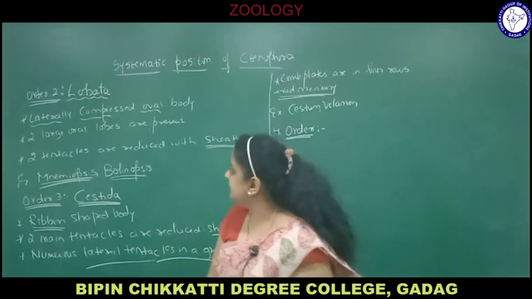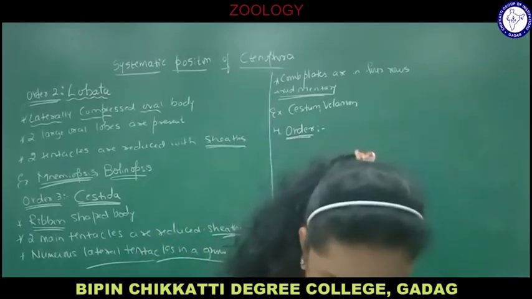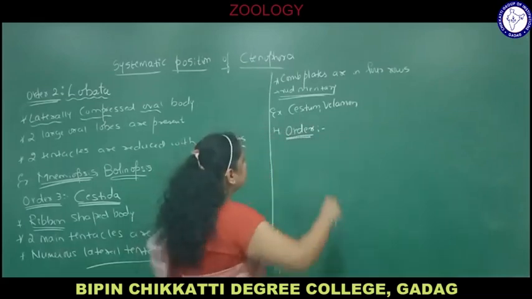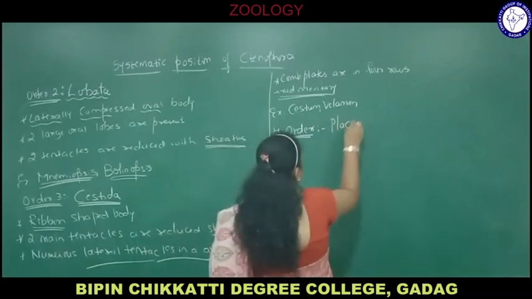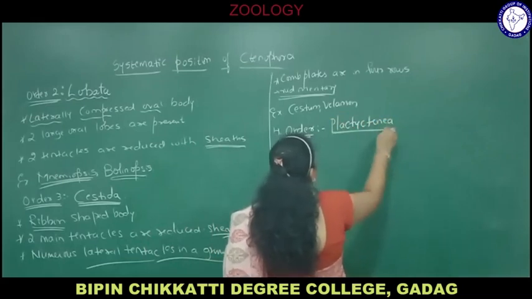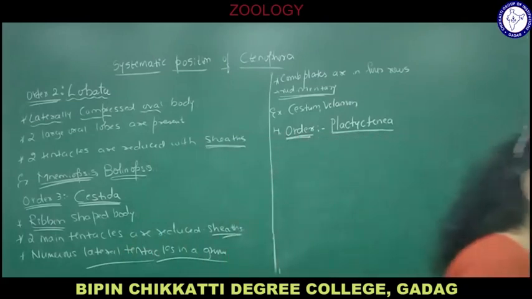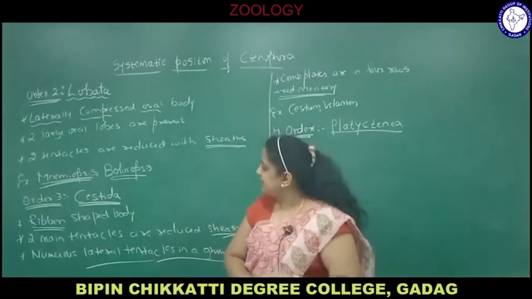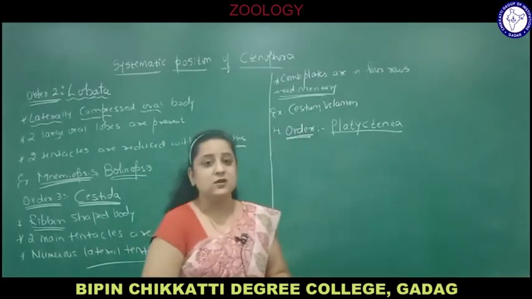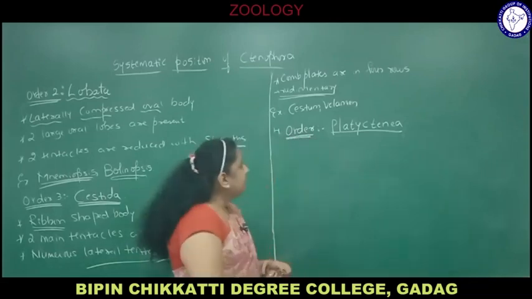Order number 3 is Cestida, and fourth order is Platyctenia. Order number 4 under class Tentaculata. Once again they are placed in Tentaculata because they have numerous tentacles on their body.